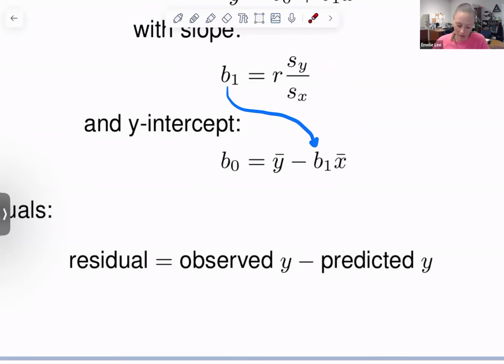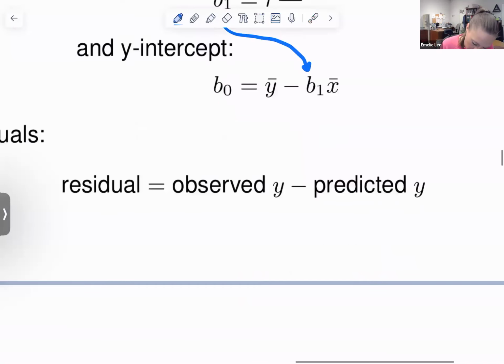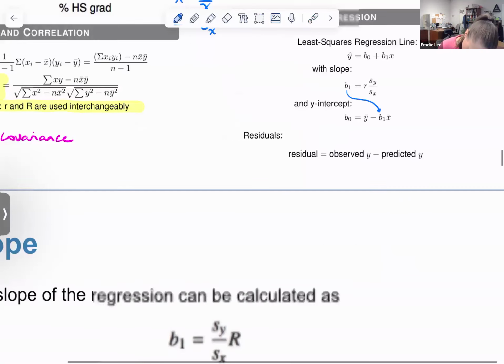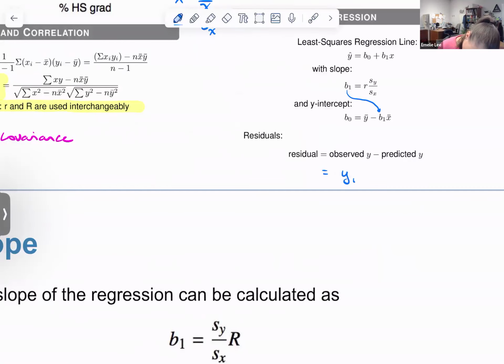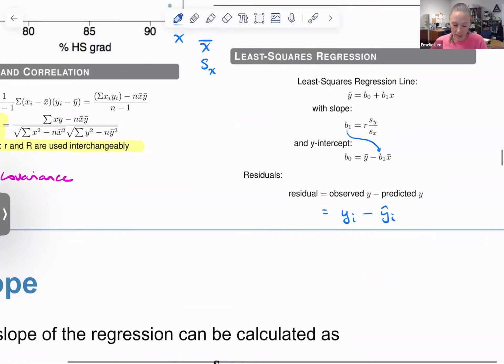And so you want to be really careful. And so then your intercept, your y-intercept, is y bar minus b1 times x bar. And then the residual is your observed minus the predicted y, or if you prefer, yi minus yi hat. I don't have that on your formula sheet, but you could add it if you wanted to.